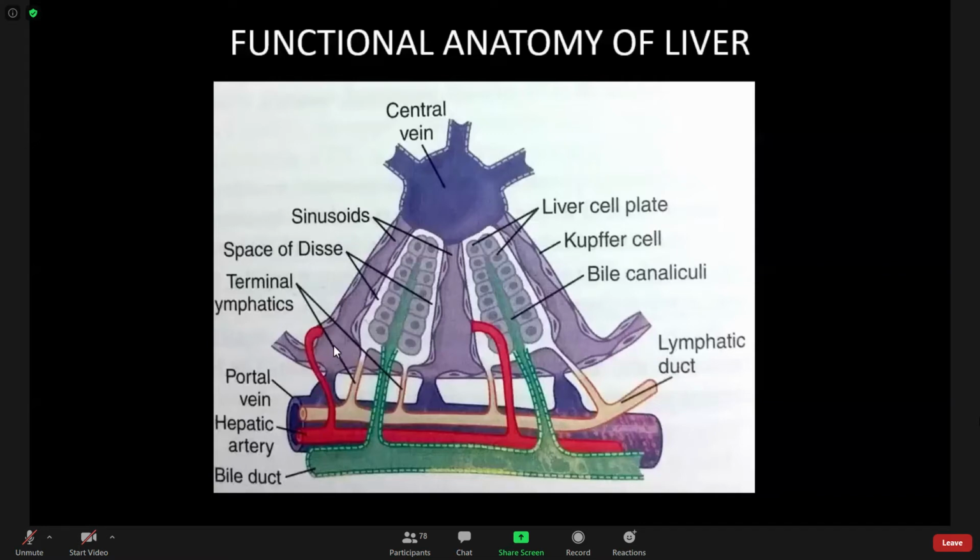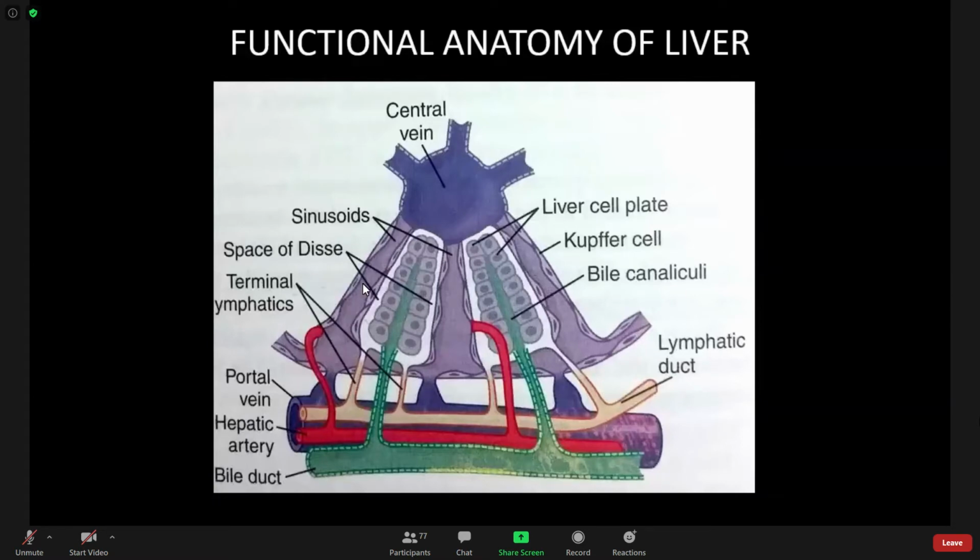it opens into the liver sinusoids. Again, I'm telling you, venous blood from the GIT is collected by the portal vein, and it opens into the liver sinusoids. So in this liver sinusoid, it is mainly the venous blood from the GIT.